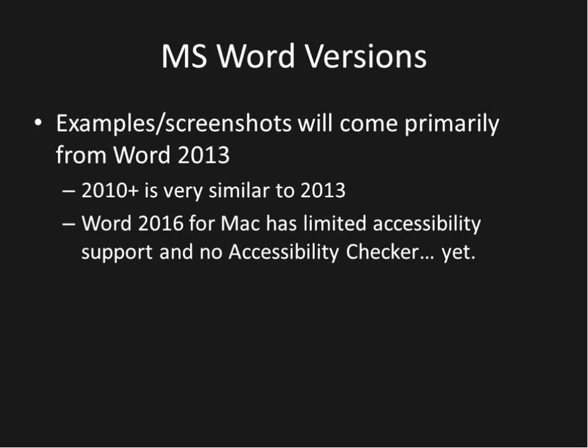For instance, Word 2016 for Mac does not have an accessibility checker, but they've announced just in the last week or two that that functionality will be added, and additional accessibility support is coming by the end of the year. That will be good if any of you are using a Mac. With that said, most everything we'll be doing today you will be able to do using a Mac, with the exception of the accessibility checker.